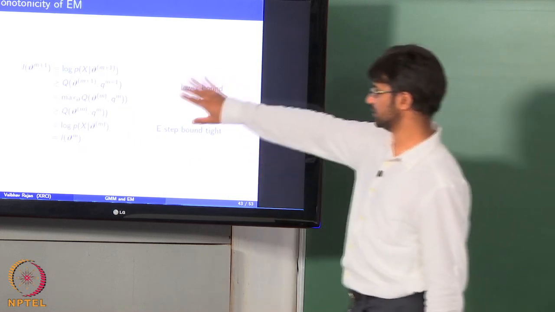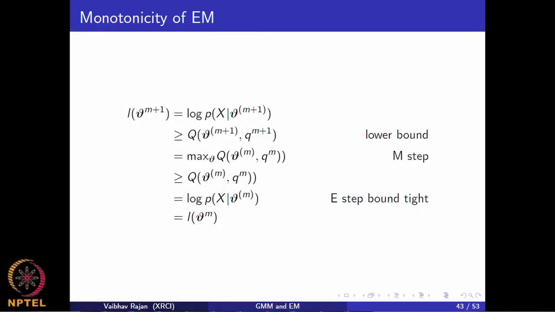Now we can do this formally. At the m plus first round we have some parameters, that's the log likelihood of those parameters, and we know that the Q function is a lower bound. We proved it for any choice of the distribution, the small q, and this Q value was chosen by the previous iteration's M step.